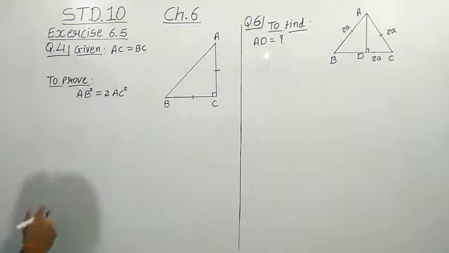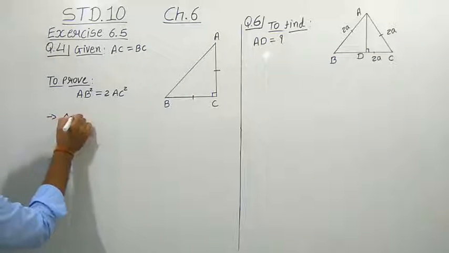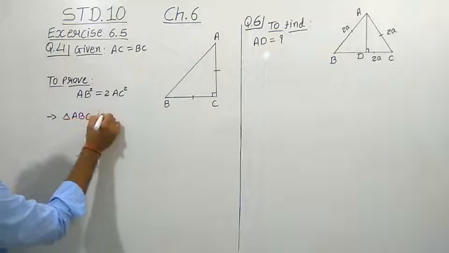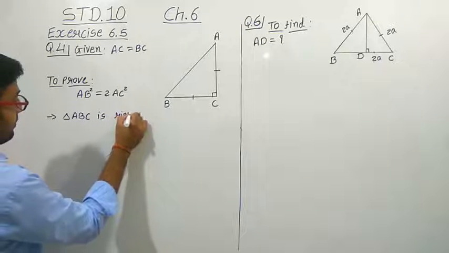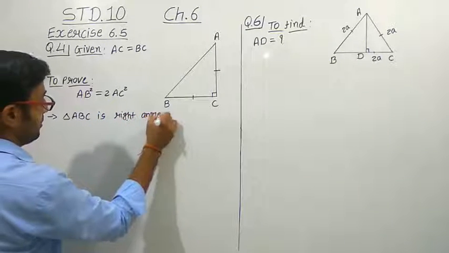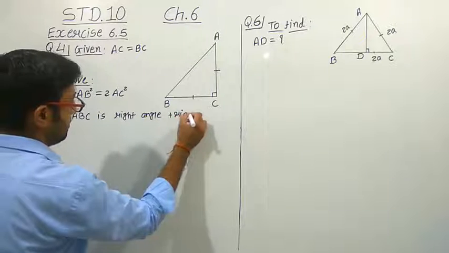So as this is a right angle triangle, triangle ABC is right angle triangle.